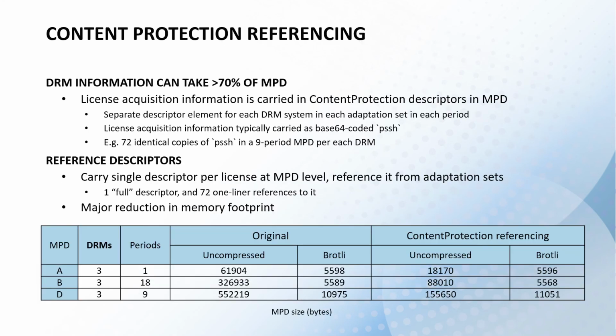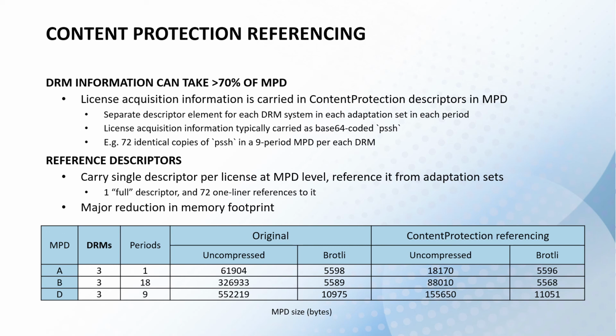The last tool we're going to talk about today is content protection referencing. Why do we care? Unfortunately, when you have multiple DRMs, DRM information can take about 70% of the MPD in your worst case. Why? Because for every single adaptation set, you need to signal whether it is encrypted. It is done by a content protection descriptor for every DRM that you are using.